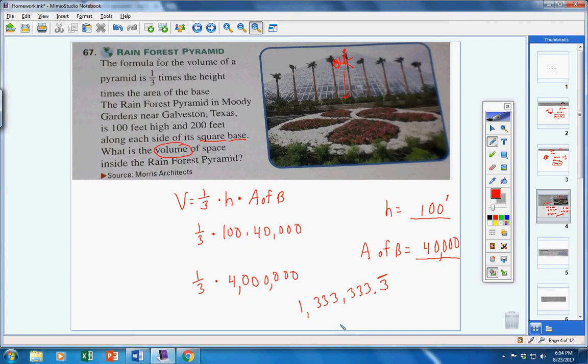And that's going to be cubic feet, because all of your measurements were in feet: 100 feet, 200 feet, and it's cubic because you're solving for volume. And that's it. Not too bad. Okay.